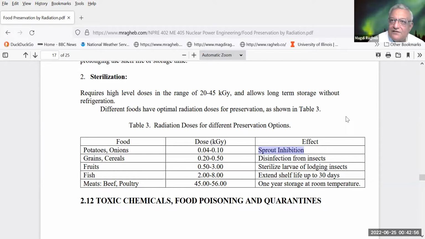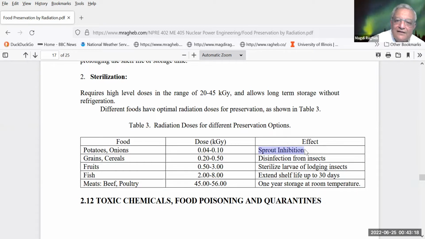When they sprout, they generate an acid called Prussian acid, and that acid is toxic. So do not eat onions that are sprouted, do not eat potatoes that are sprouted, because they become toxic and you can get very, very sick. If you irradiate them, you can inhibit the sprouting.